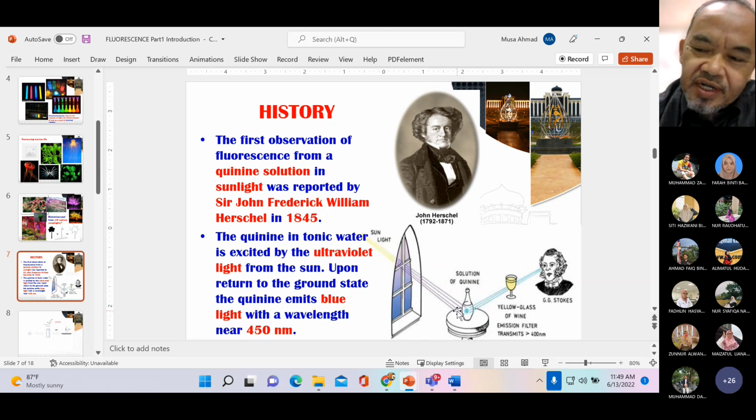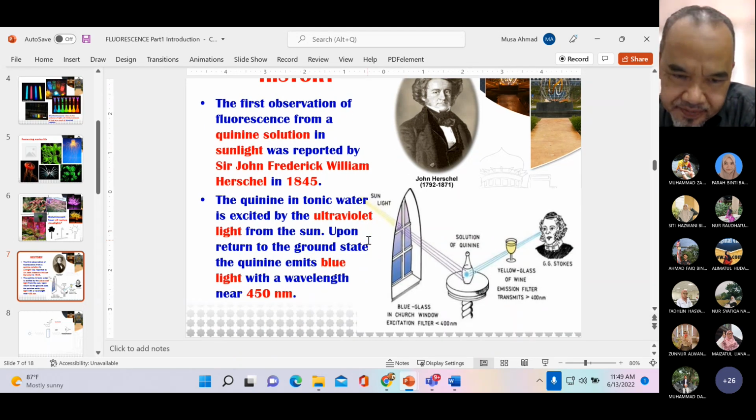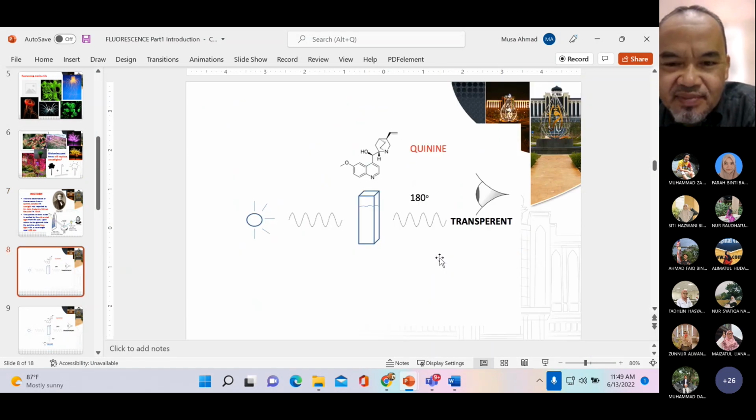So now you know the phenomenon of why this happened. Exactly, your experiment is about this. You are repeating an experiment that was conducted a long time ago, in 1845. It was not a proper setup, but it happened by accident.